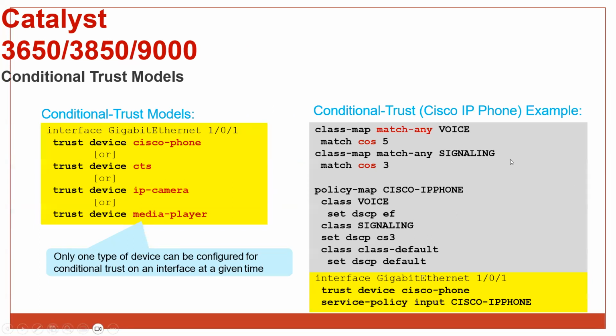Now, if I look here, what is the class voice and what CoS are we putting? 5, right? This CoS. Now, if I simply give this command, match QoS 5, you will understand it now.